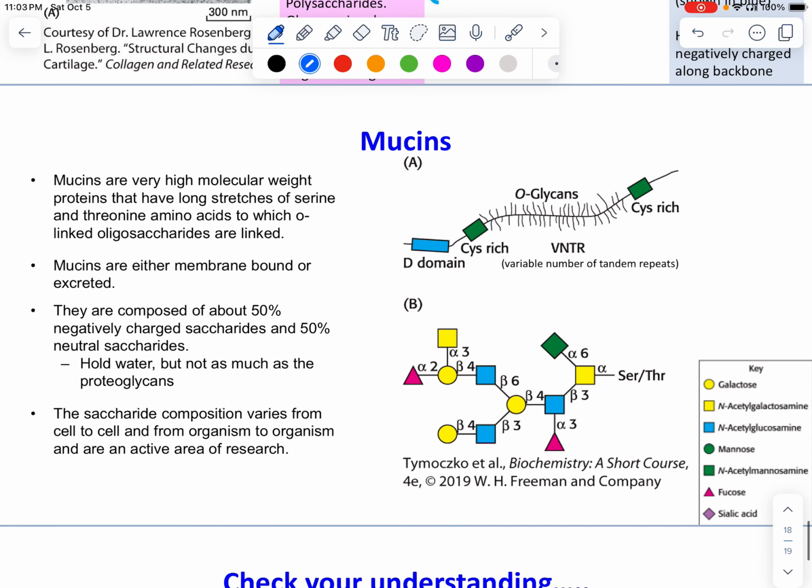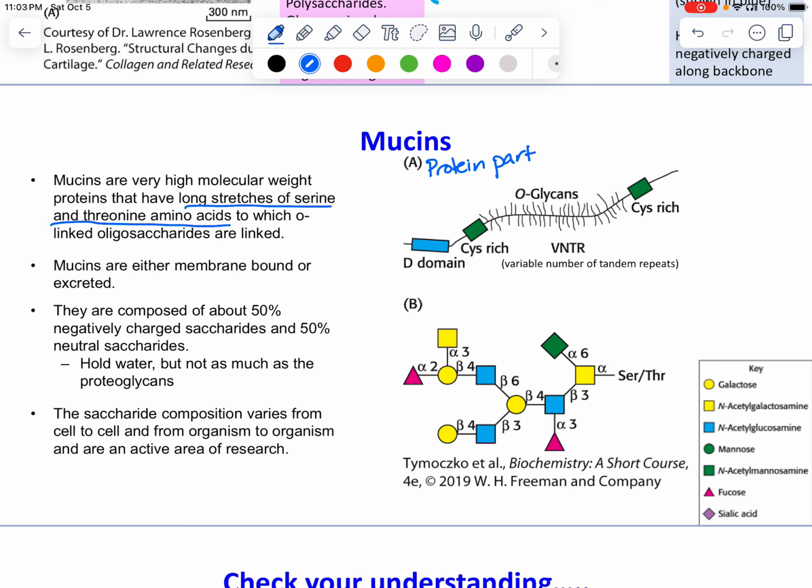All right, let's look at mucins. So as we talk about mucins, they are high molecular weight proteins. So this top part is the protein part. It's a picture of the protein part. They have long stretches of serine and threonine amino acids.